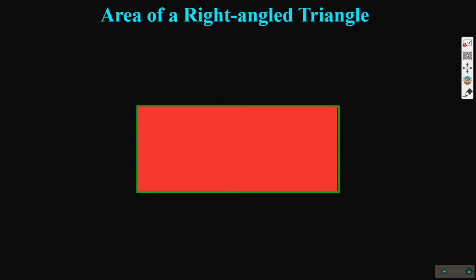Now suppose that we divide the area of the rectangle into 2 equal halves. We need to draw a diagonal from one corner to the other corner of the rectangle, from one vertex to the other vertex, in this way. Now we could divide the rectangle, or the area of the rectangle, into 2 equal halves.